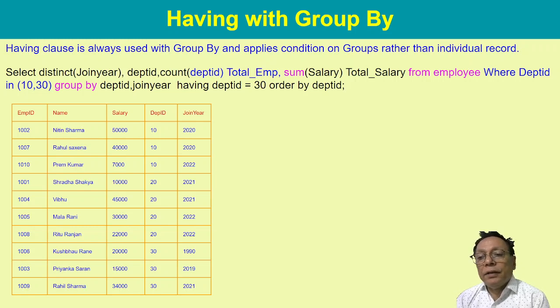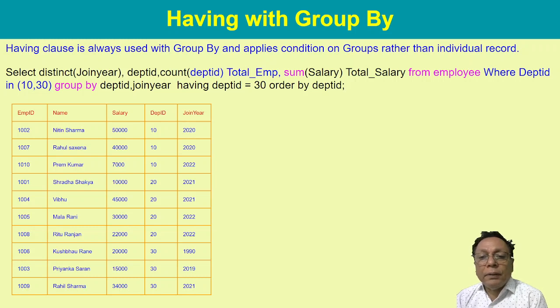The sum of the salary is renamed as total salary, from employees where department ID. This time I am going to calculate the sum of departments 10 and 30. In group by I have used department ID and join year. I am going to group on departments 10 and 30, but later I realized that I need only department 30.